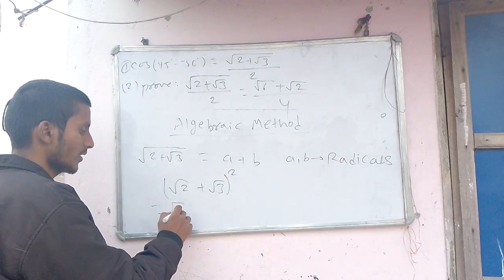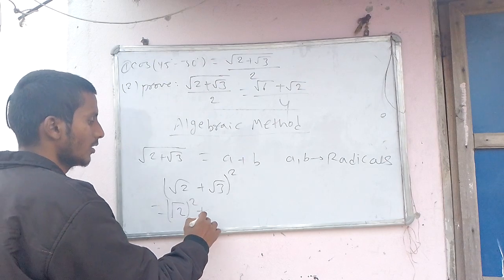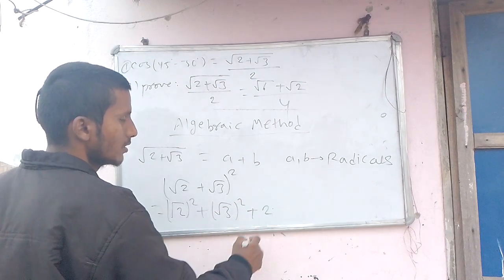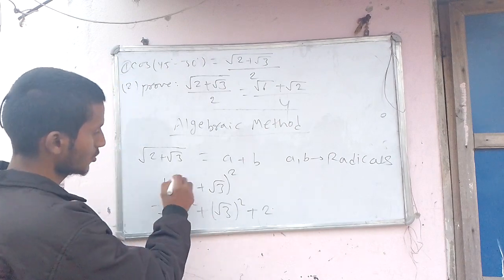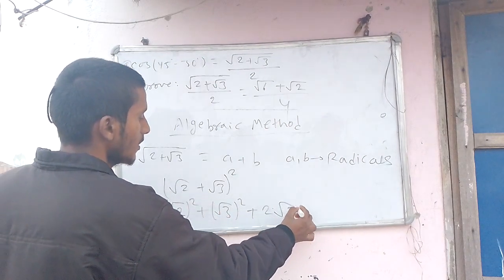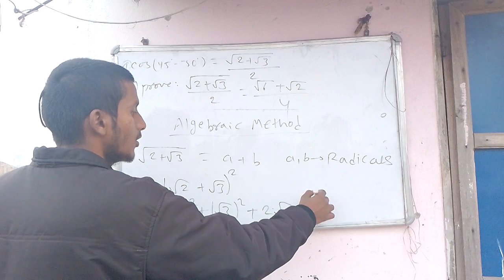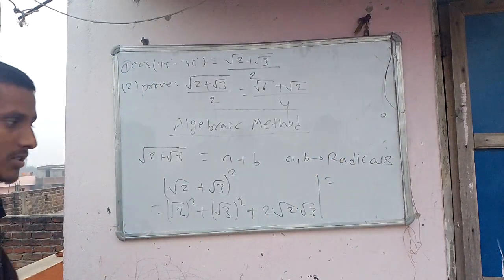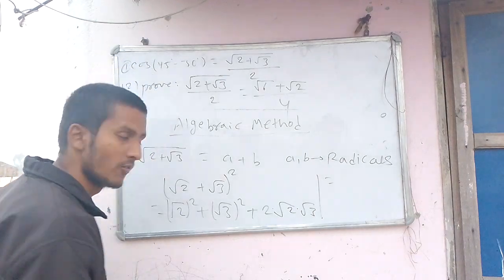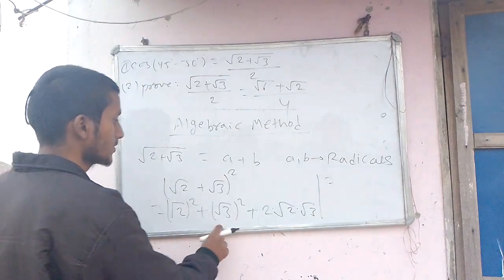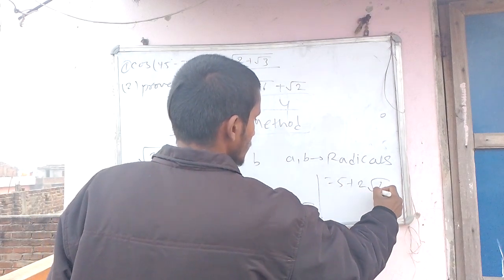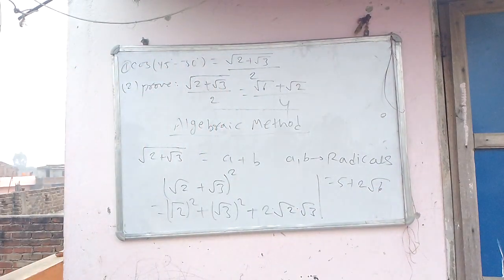It's going to be square root of 2 squared plus square root of 3 squared plus 2 times a b, where a is the square root of 2 multiplied by the square root of 3. So 2 plus 3, 5, plus 2 root 6. It is going to be this.